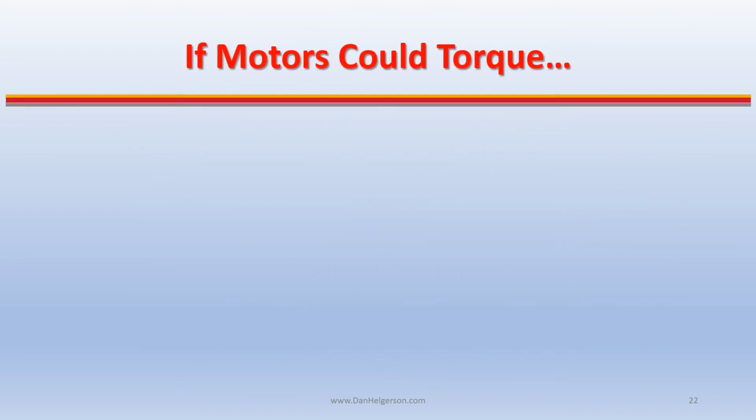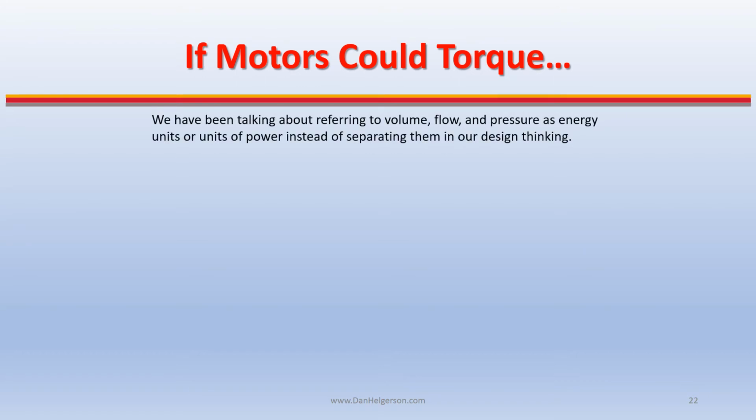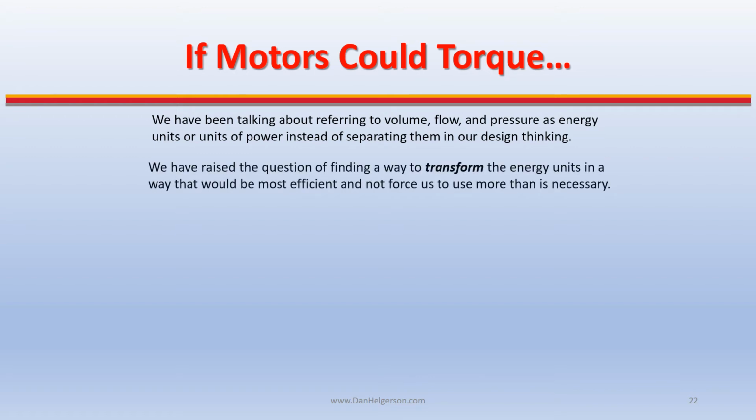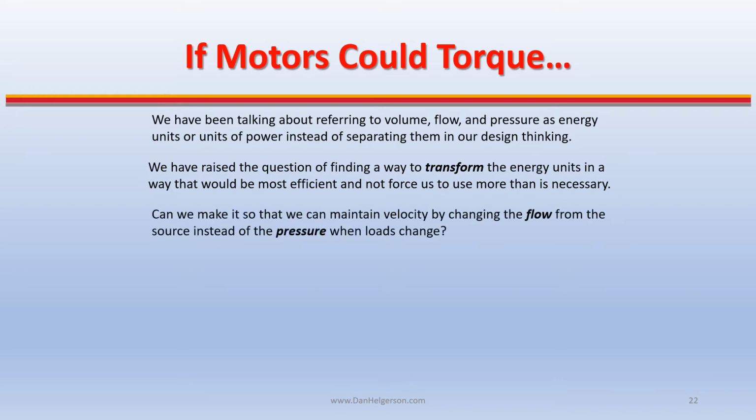We've been talking about referring to volume, flow, and pressure as energy units or units of power instead of separating them in our design thinking. We have raised the question of finding a way to transform the energy units in a way that would be most efficient and not force us to use more than is necessary.